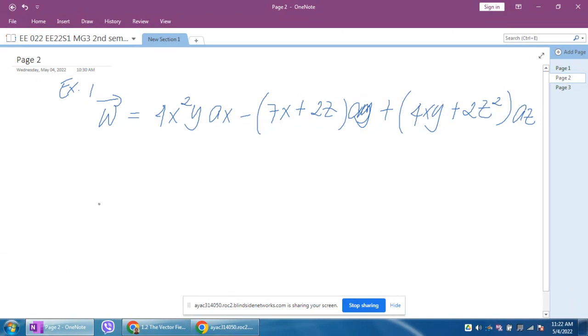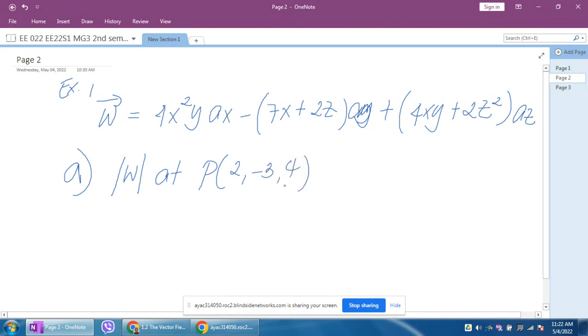So, the first question, letter A, ano raw yung magnitude at this given point? What is the magnitude of the field at the point? So, we're looking for the magnitude of W at point 2, -3, and 4. So, ang gagawin lang po natin, kunin muna natin yung value niyan. Okay. So, I have 4. Substitute lang natin to.